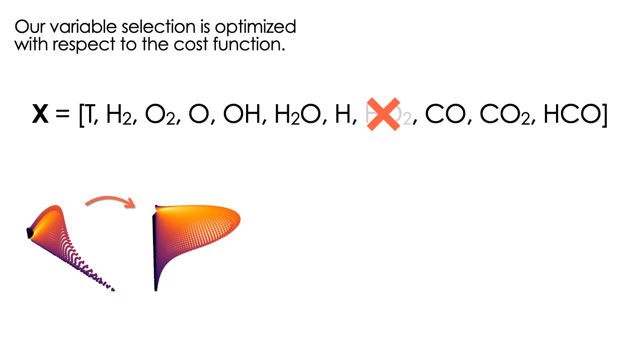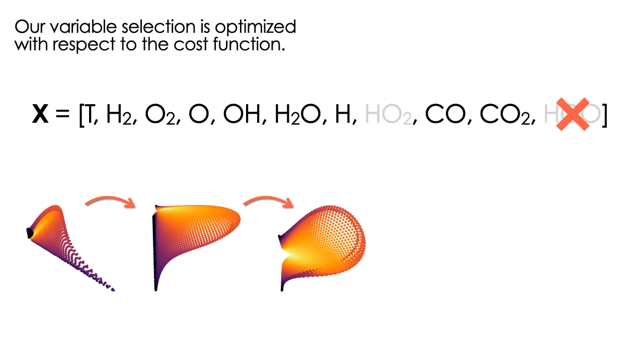So you can already see that some of that non-uniqueness has been alleviated. And the way that the algorithm selected that HO2 mass fraction was through minimizing the cost function. So for that, removing that variable reduced the cost the most. And that's why it was removed.